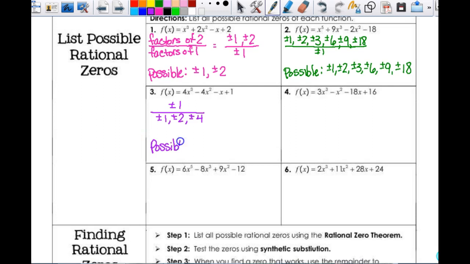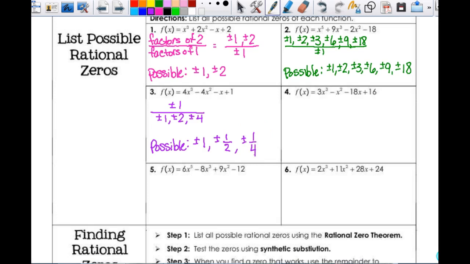So my possibilities are plus or minus 1, then what? Plus or minus 2? Or 1 over 1 is 1, and then 1 over 2 is 1/2, and plus or minus 1/4.